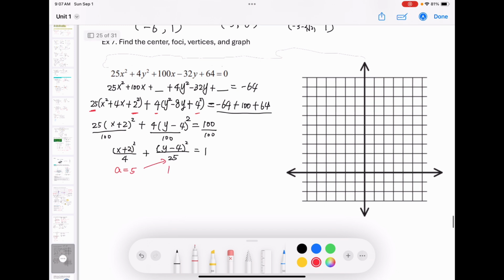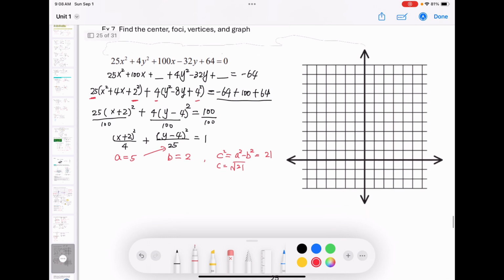And b is equal to 2. I found b from the 4, or 2 squared. And then what is c? So we should find c. c squared is equal to a squared minus b squared. It is 25 minus 4, which is 21. So c is equal to square root of 21.